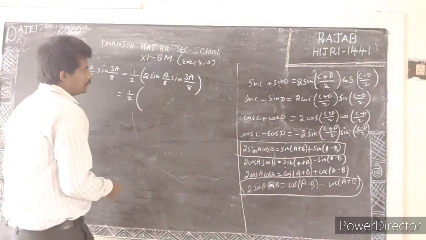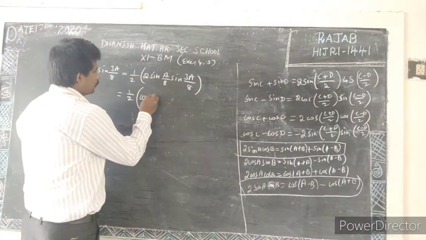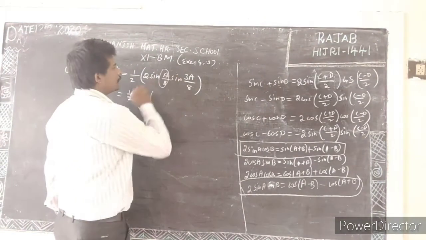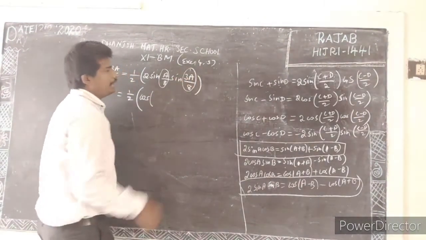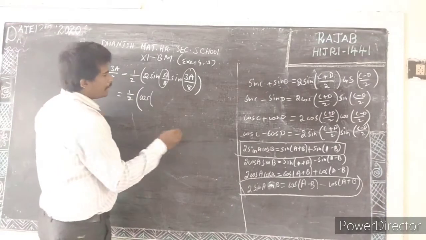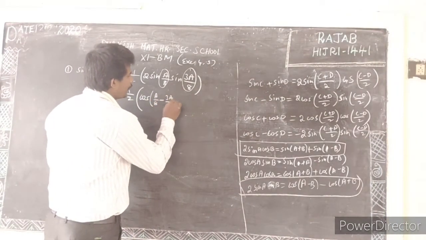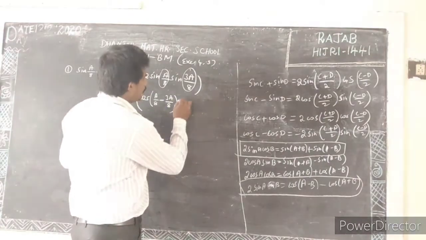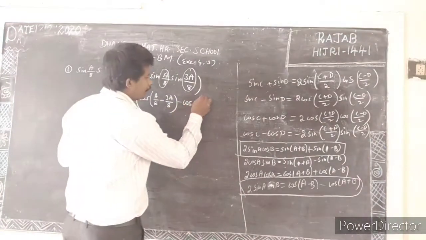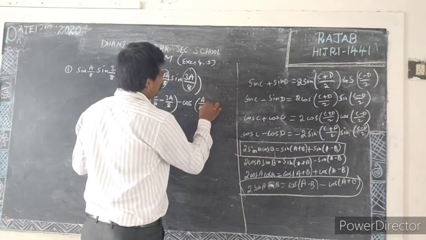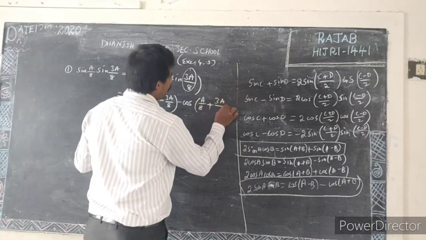What's our RHS? Cos of A minus B. Here our A is A by 8, B is 3A by 8. So A minus B is A by 8 minus 3A by 8, minus cos of A plus B, what's our A plus B? A by 8 plus 3A by 8.